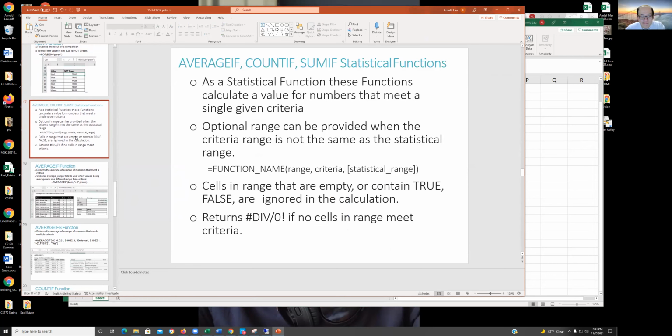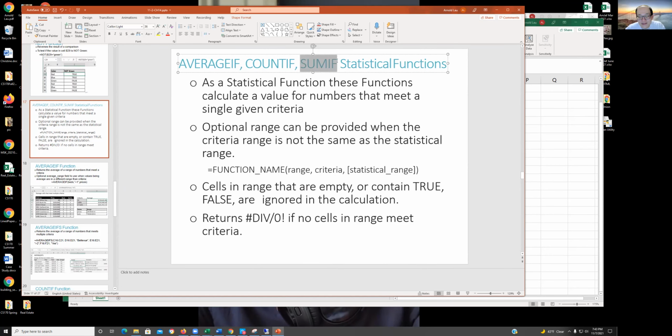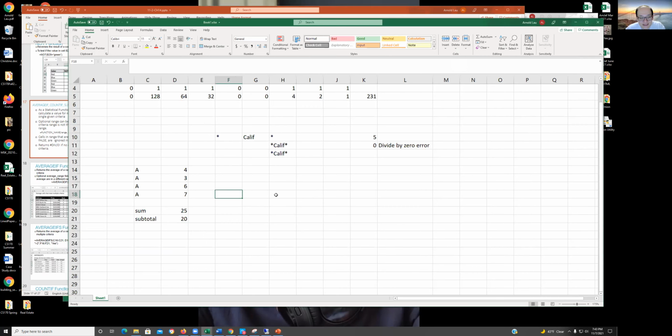Okay, so this is just an extension of what we did before. We did the sum if, right? So if whatever is true, if bucket A, calculate the sum, okay? And you can do the average or the count in the same way. Just for the heck of it, I have some numbers here. Let me do this.